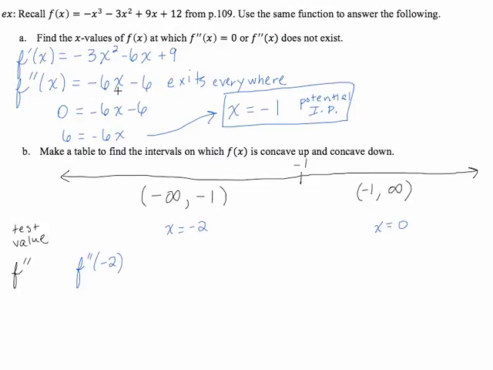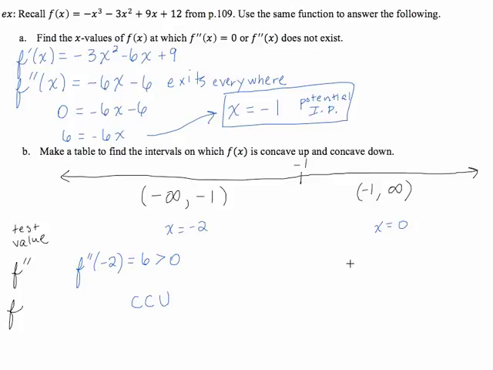If I plug in negative 2 here, I've got negative 6 times negative 2, that's positive 12, minus 6 is positive 6, so it's greater than 0. So the second derivative at negative 2 is positive, which tells us that f is concave up at negative 2, and therefore it must be concave up all the way from negative infinity to negative 1.